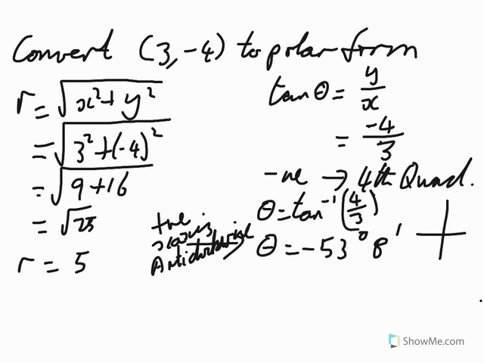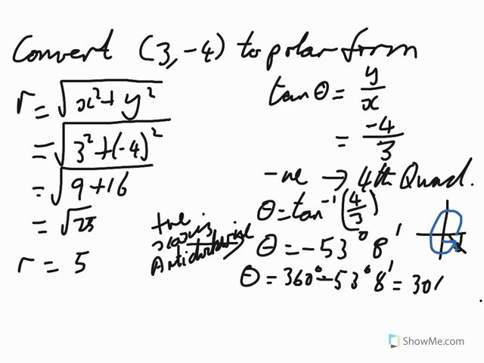So this one that we've got is that one down in there, and the one that we want is that angle all the way around there. So the theta that we want is 360 minus 53 degrees 8 minutes, which is 306 degrees 52 minutes. Alright, so the polar coordinates in the square brackets are 5 and 306 degrees 52 minutes.